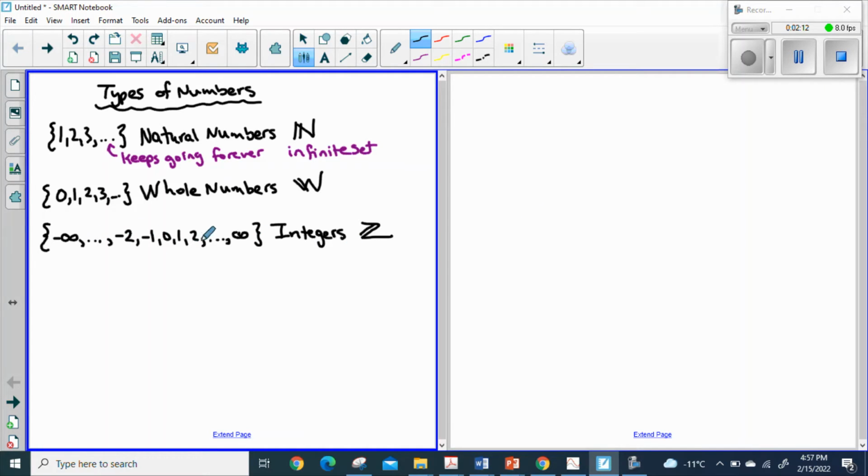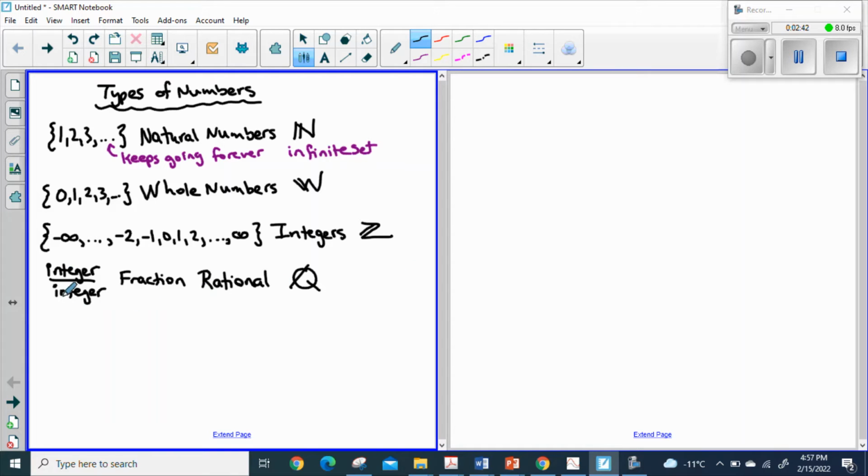Well, there are other numbers in between the integers. So we've got our fractions. If I make a fraction out of an integer over another integer, then my math word for fraction is a rational. So the rational numbers get a Q with a slash through it.